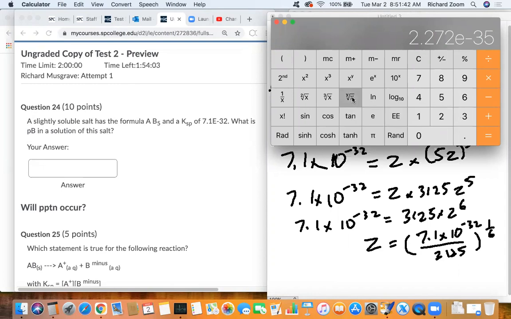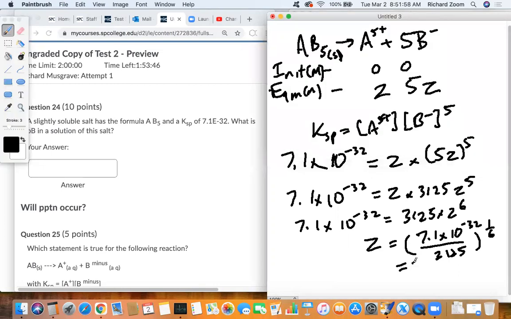So I can do this x and then 6, and that'll give me the correct answer, which is 1.68 times 10 to the negative 6, or 1.7 times 10 to the negative 6 molar.